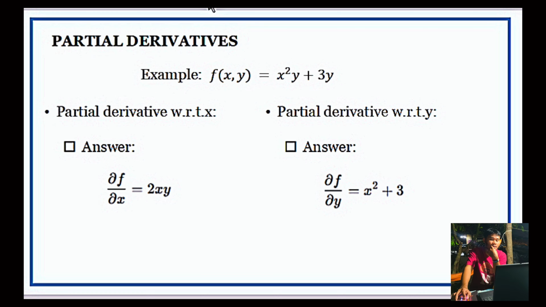This example represents the function of x and y: f(x,y) equals x squared y plus 3y. We're going to solve the partial derivative with respect to x. Using differentiation, the result will become 2xy. And for the partial derivative with respect to y, the result will become x squared plus 3.